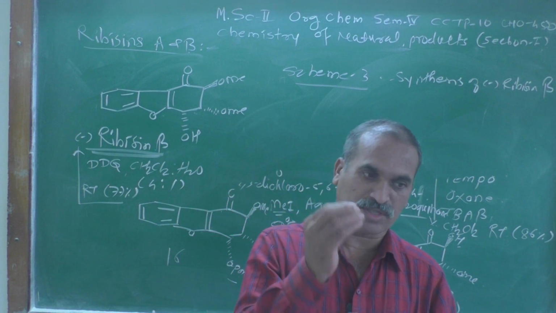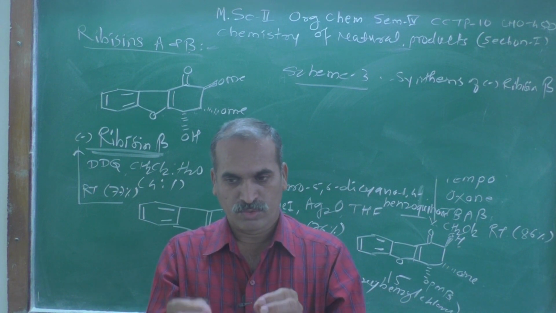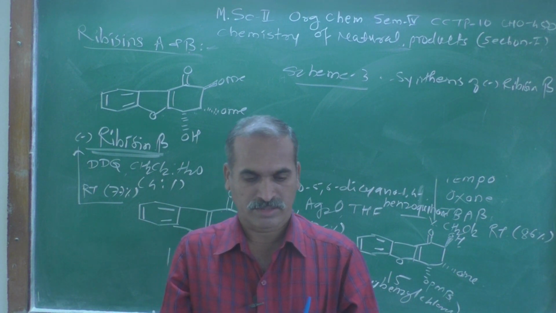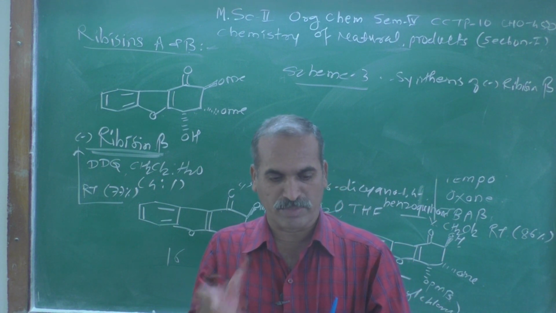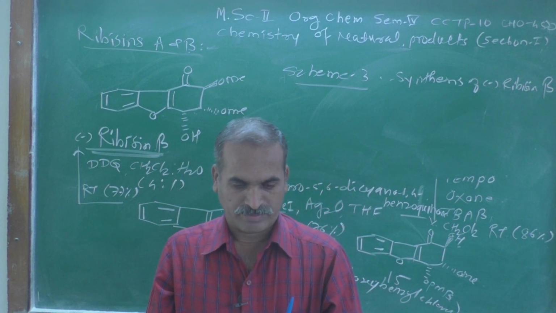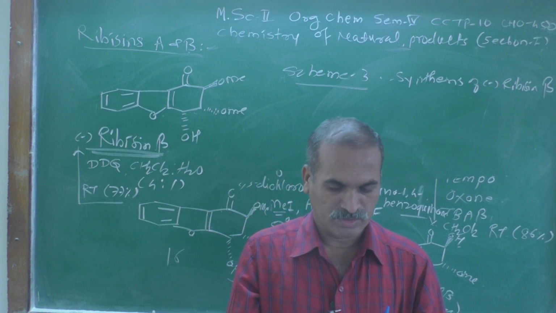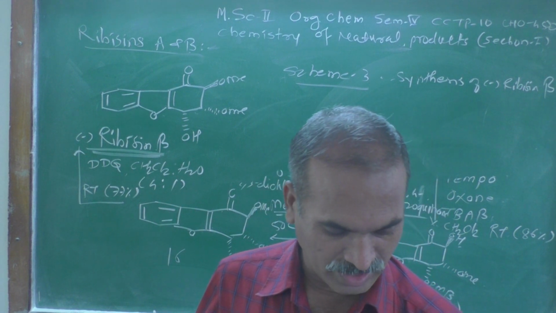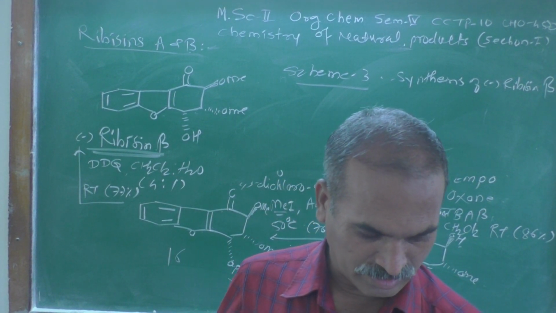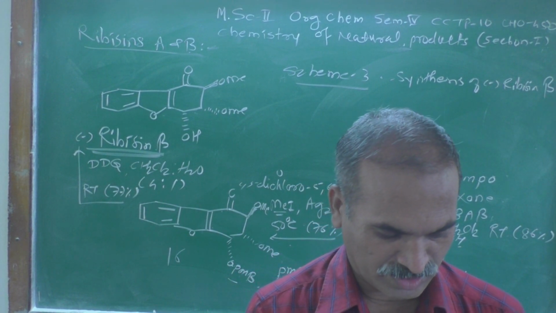Starting from the structure number 3, how do we get that ribosine B? Step by step we have described it.